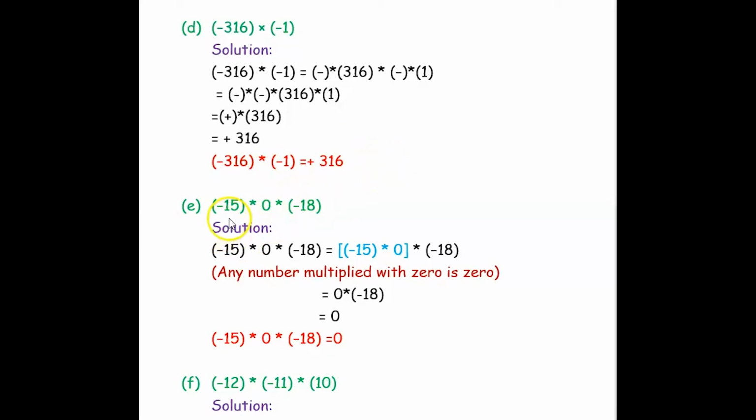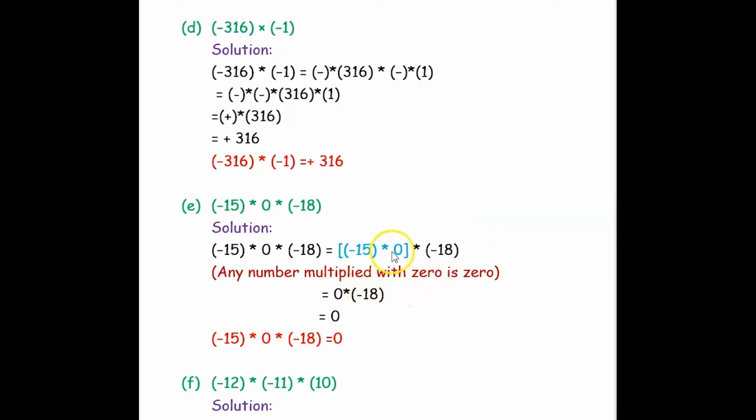Next question is negative 15 into 0 into negative 18. So, now we can associate the numbers using the associative property. So, I am associating like this, negative 15 into 0 in the parenthesis and then I am writing multiply negative 18. So, we know that any number multiplied with 0 will be 0.